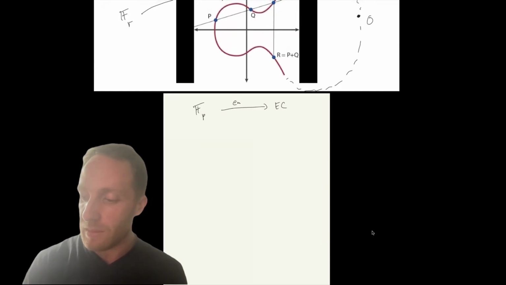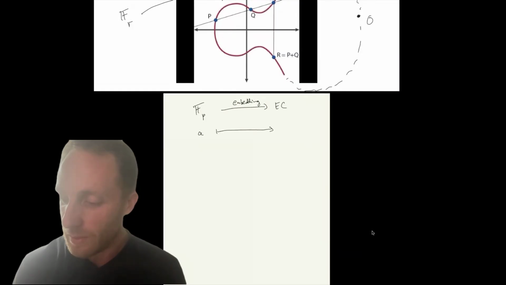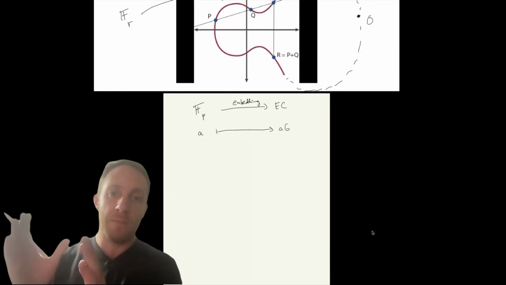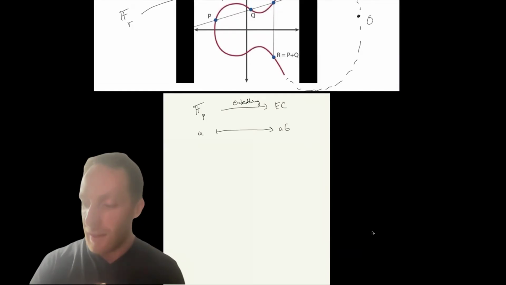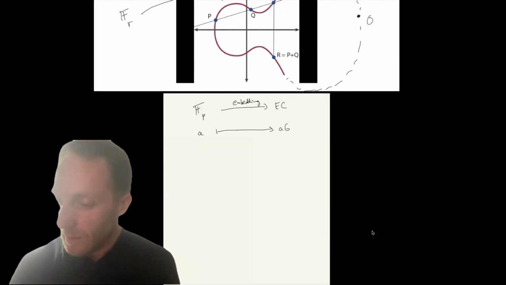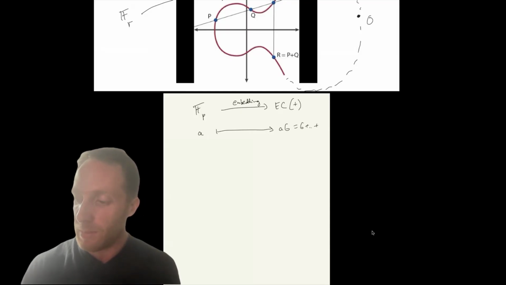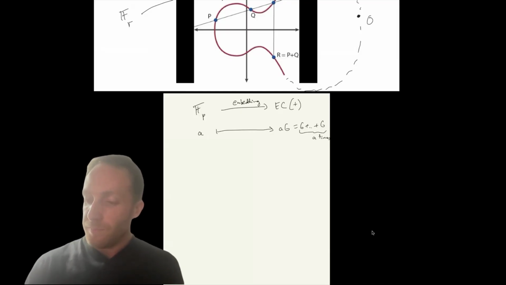I call it the embedding, but there's probably an actual better term for this. But we take a and we map it to aG, where G is some chosen generator of the elliptic curve, can be anything. So again, here we're doing the elliptic curve with the operation being plus, so that aG is equal to G plus blah blah plus G, a times.